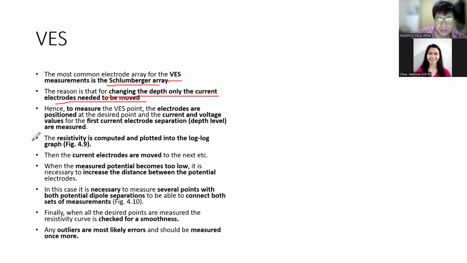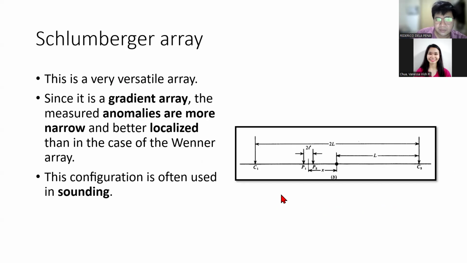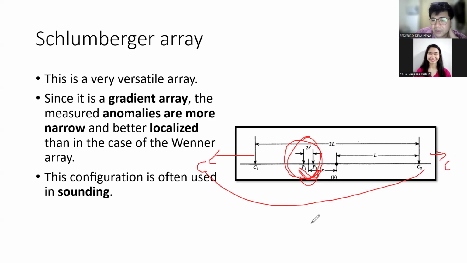Okay, so let's go back again to the Schlumberger array. Here in the Schlumberger array, you have the potential electrodes measuring the potential difference. So what you're going to do is measure one reading here, and then for the next reading you simply move the current electrode away so that you can penetrate deeper.